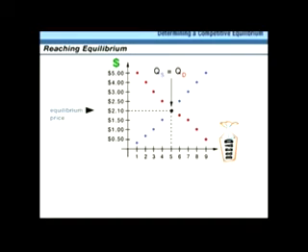So when the price is $2.10, the quantity of bread traded will be equal to 5 loaves of bread per week. We can label this P star, $2.10. That's the price at which supply and demand are equal. And we can label this Q star, the quantity of bread that's traded at a price of $2.10.